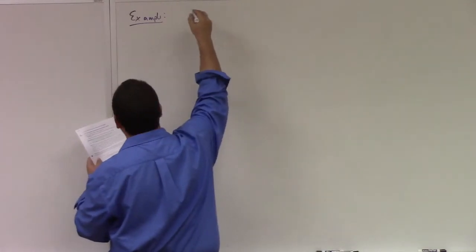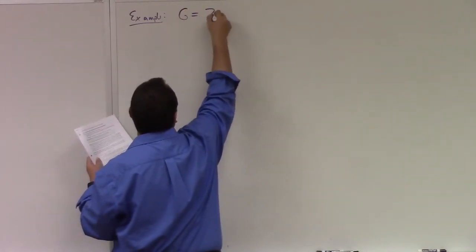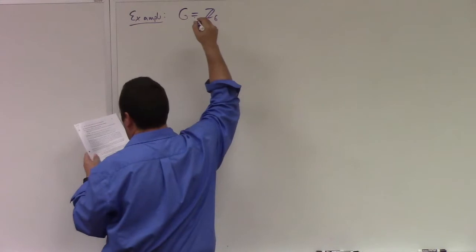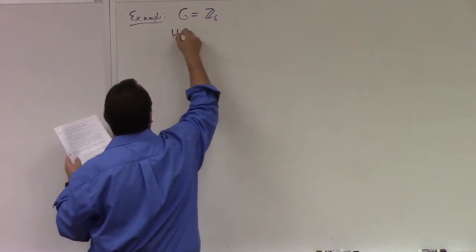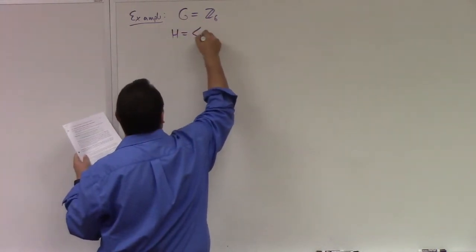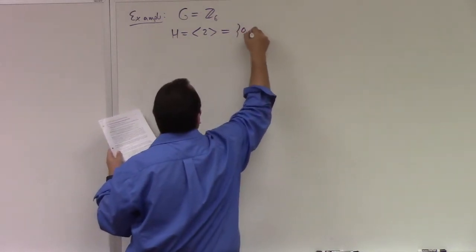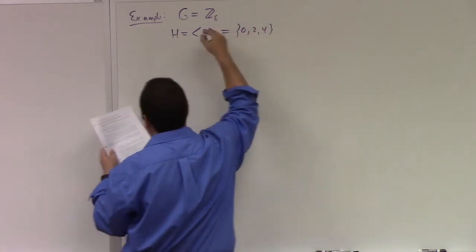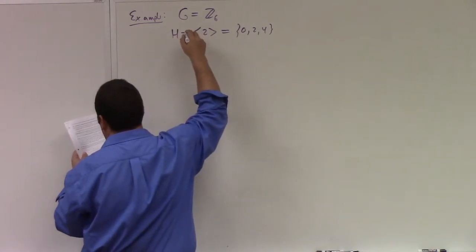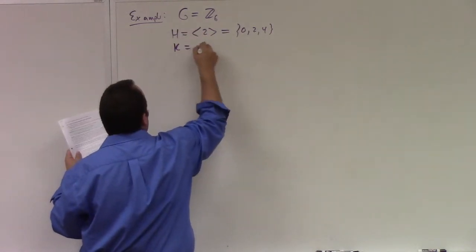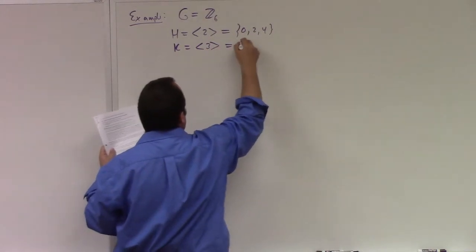Before I go on with the general stuff. If we look at G equals Z mod 6, then we can look at H, the subgroup generated by 2, which has order 3. And we can also look at the subgroup generated by 3, which has order 2.